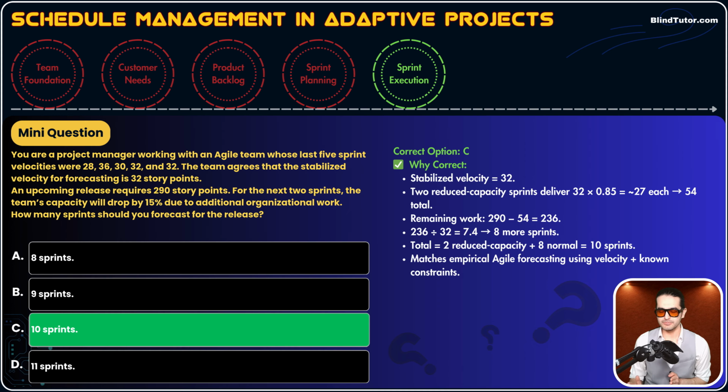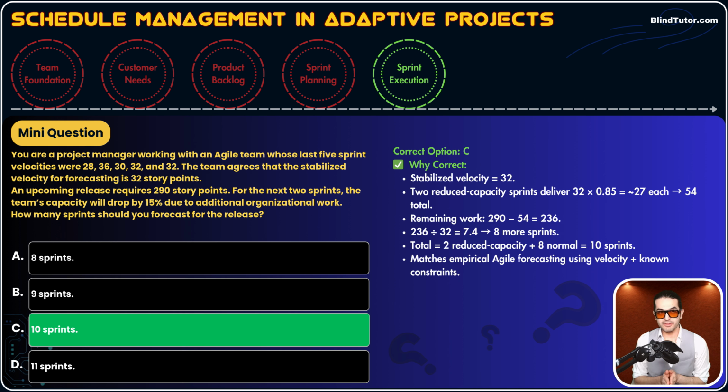Now, when they complete 27 in each, it'll be 54 in total. What's the total story points? 290. Then 290 minus 54, remaining story points is 236, okay? So far, the team has done 2 sprints, and the remaining number of story points now is 236.